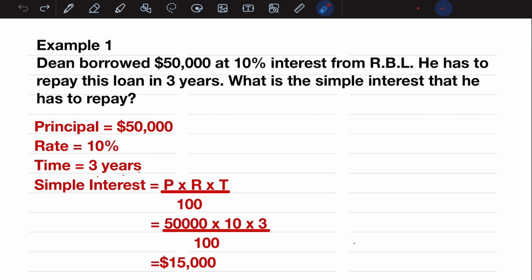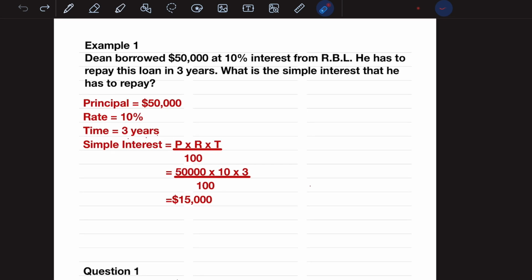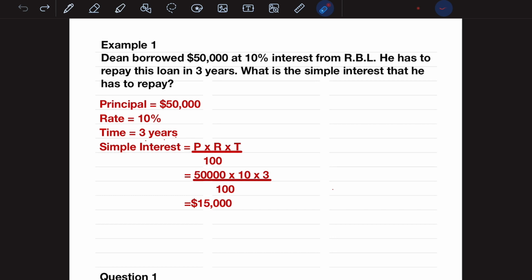Right, so we multiply the principal by the percent interest rate, multiply by the time in years, and then we divide by 100. So when we do our multiplication and division, we will get $15,000. So once you understand that, you can go ahead and try question 1.